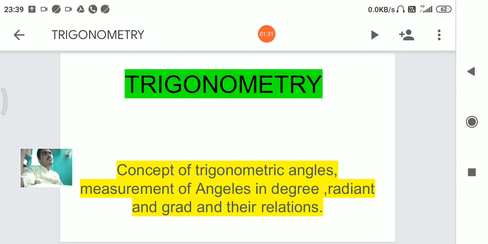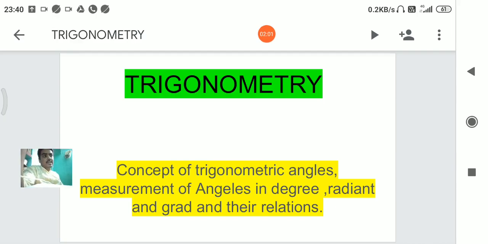From our school life, we are familiar with the angle of geometry. In geometry, the angle starts with 0 degree and the maximum value is 360, and the geometrical angle should not be negative, and should not exceed 360 degree.